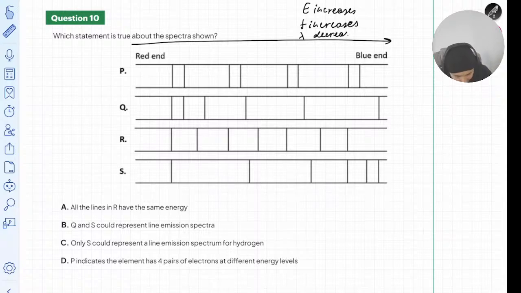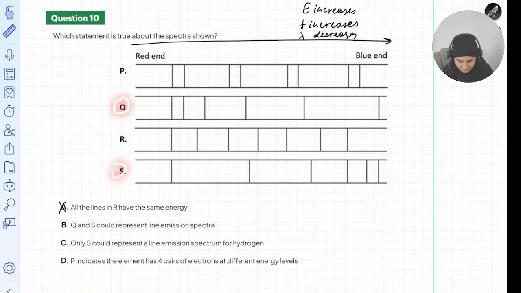The wavelength decreases, right? So let's read the statements. A: All lines in R have the same energy. False, because we said energy increases that way, so this line has a lower energy than that one, so not A.